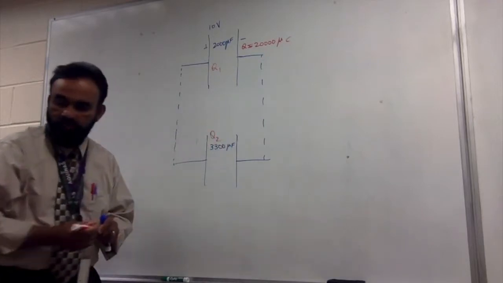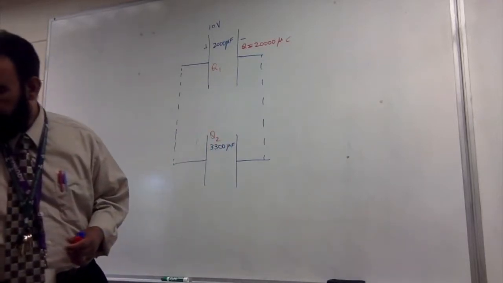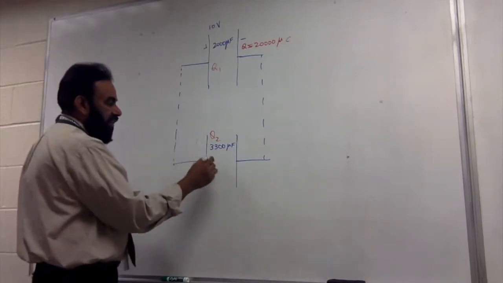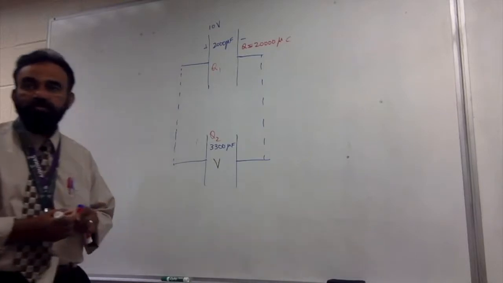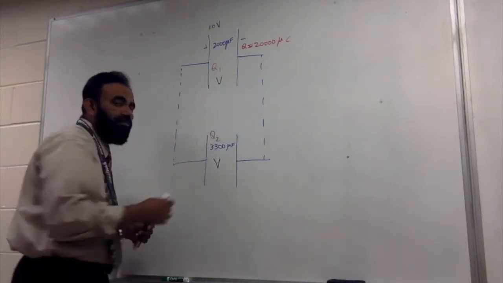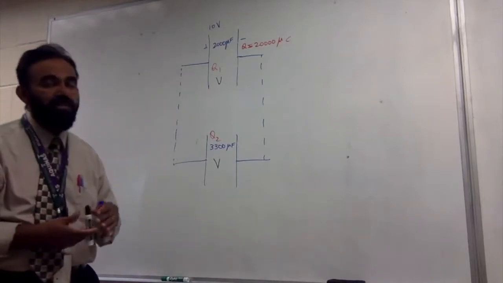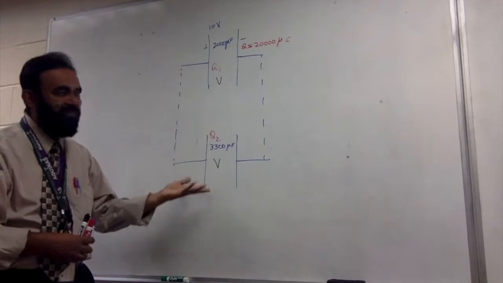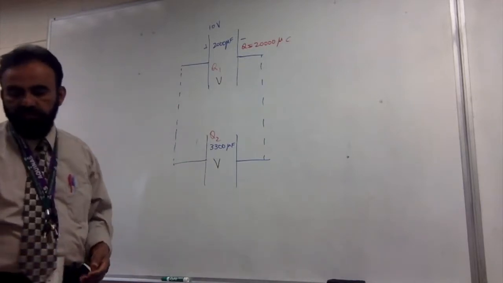No. Do you know the potential difference finally on these plates? No. Or do you know the potential difference here across? No. It was 10 volts in the beginning, but now we have to find Q1, Q2, and V. We don't know any of those.